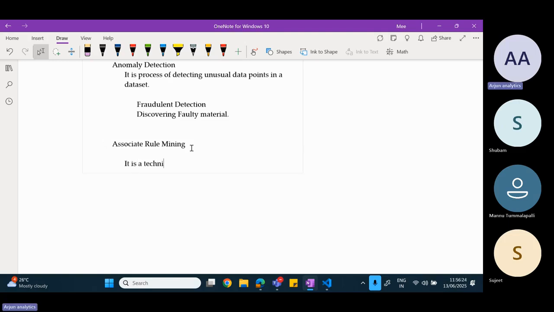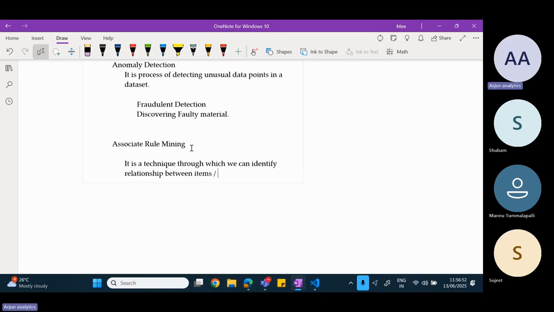It is a technique through which we identify the relationship between items or objects.